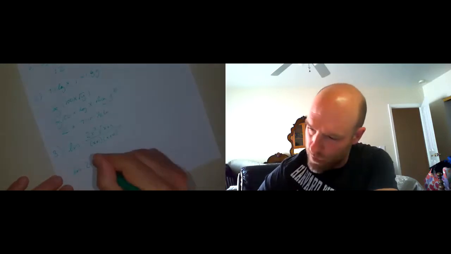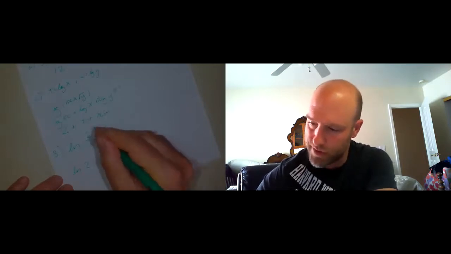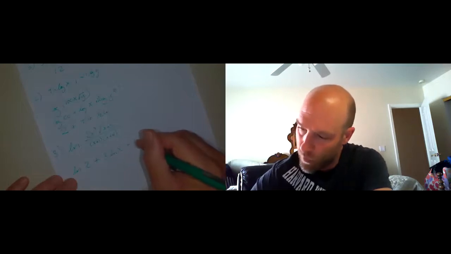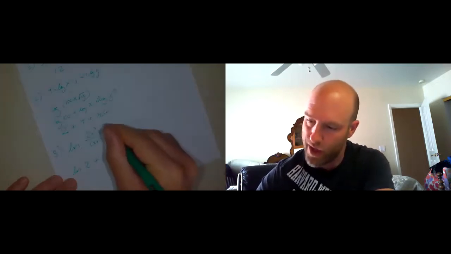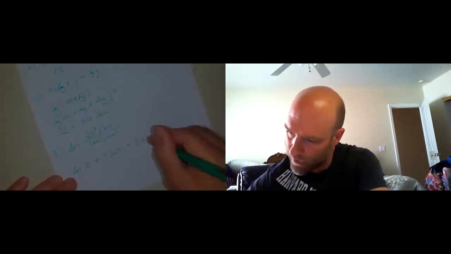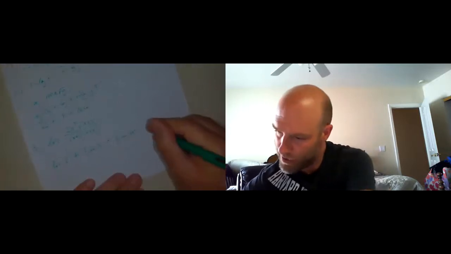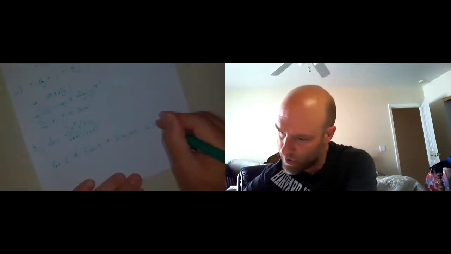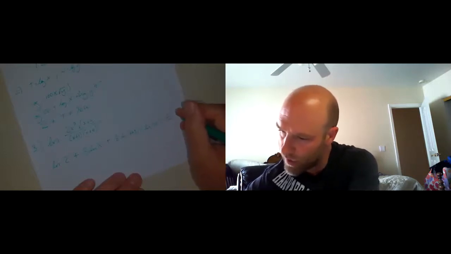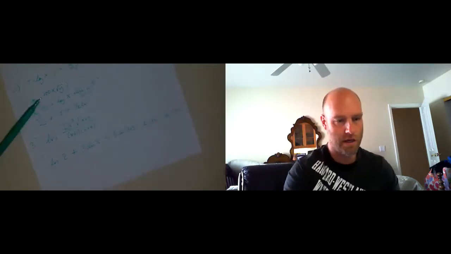Natural log of 2 plus 3 times the natural log of x, because the exponent becomes a coefficient, plus 1/2. Once again, the exponent for a square root is 1/2. The natural log of x plus 3 minus the natural log of x plus 1, and minus again the natural log of x plus 4. Easy enough.